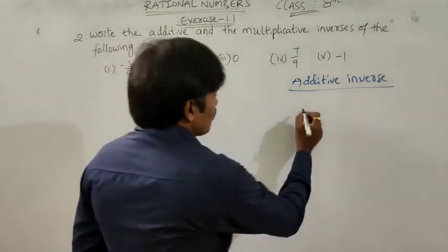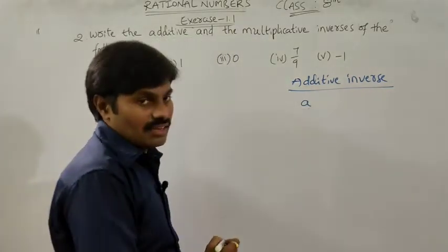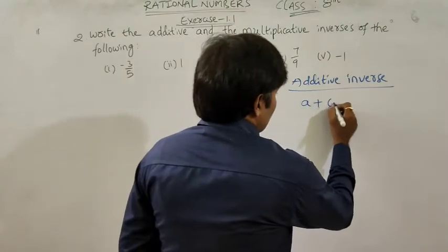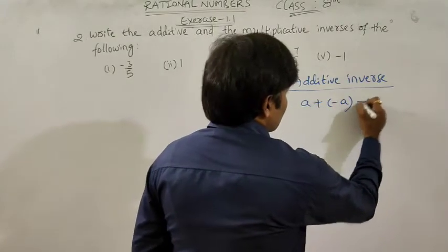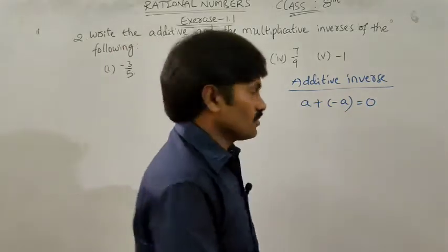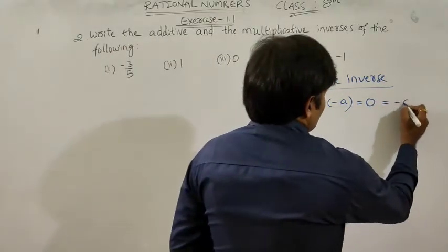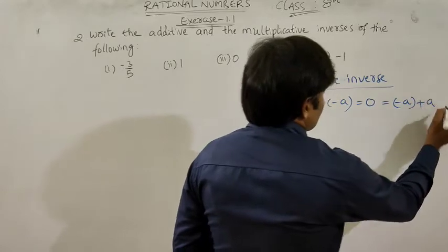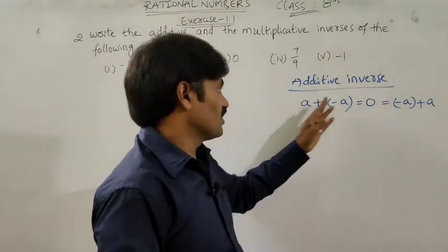Clear? For example, if you take any rational number a and add minus a to it, we get the sum 0. Or if you write it the other way, we also get 0. So this is called additive inverse.